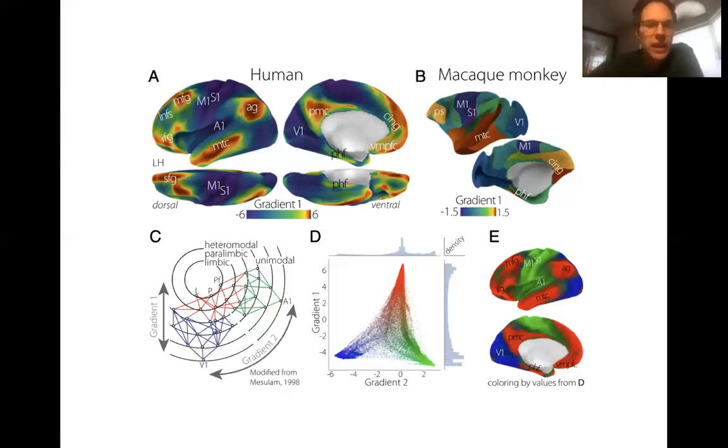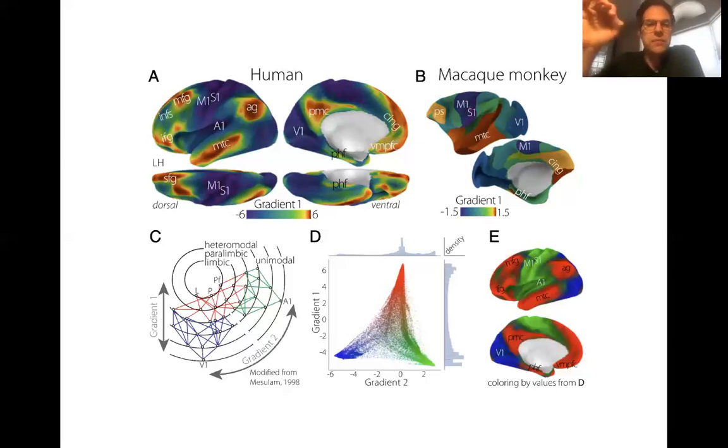If we take this image C here, we see this first gradient describes the transition of the brain from the visual system to the default mode system, and from the motor system to the default mode system.